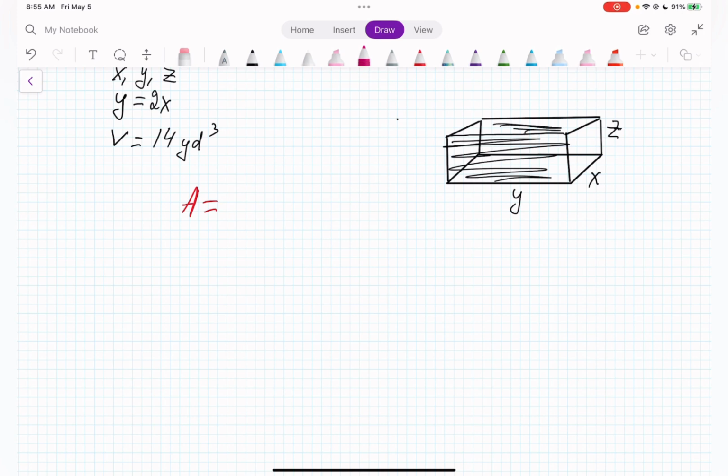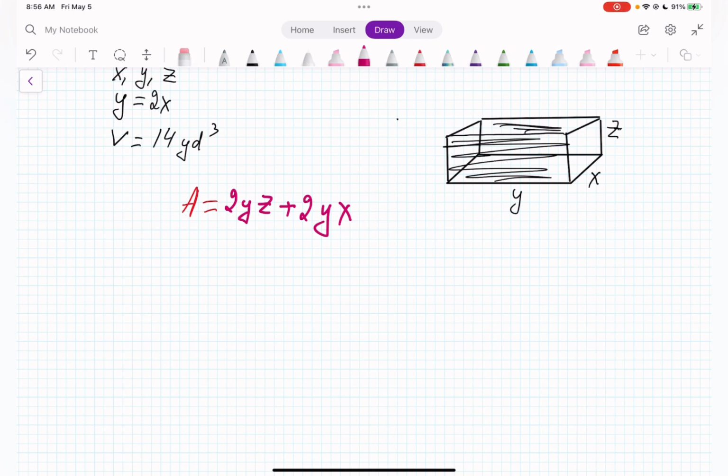So it's going to be 2yz, and then top and bottom, it's going to be 2yx, but here we need to keep in mind that the top portion is going to be open, right? So because it's open, we are not going to have 2, but we're going to have only xy, correct?